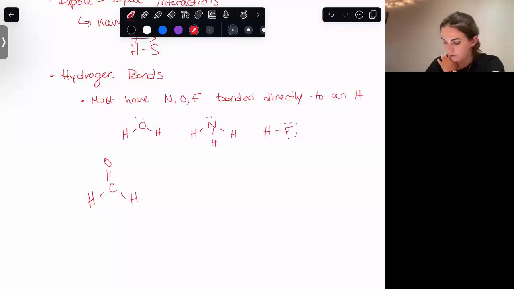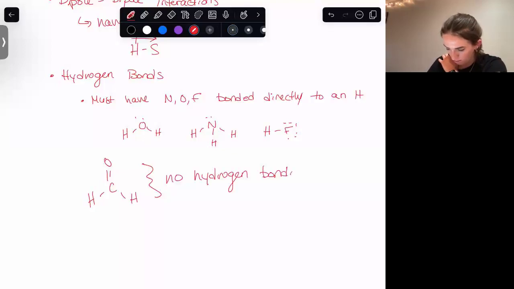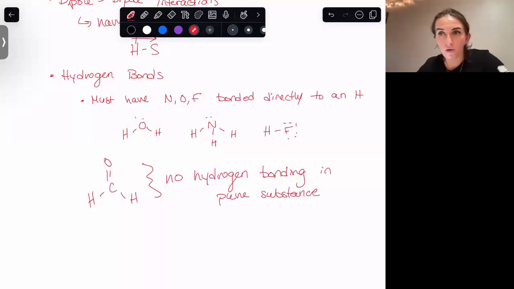This is not hydrogen bonding in a pure substance because there is no oxygen directly bonded to a hydrogen.